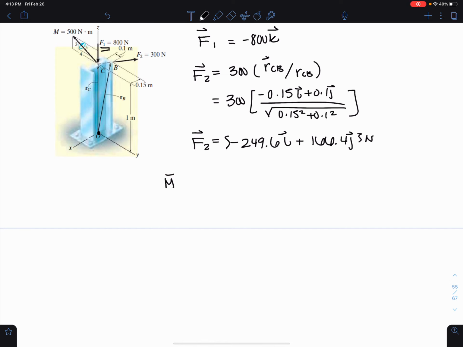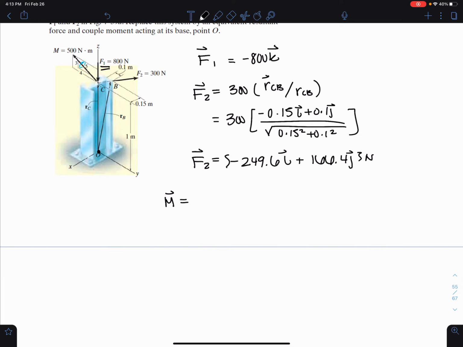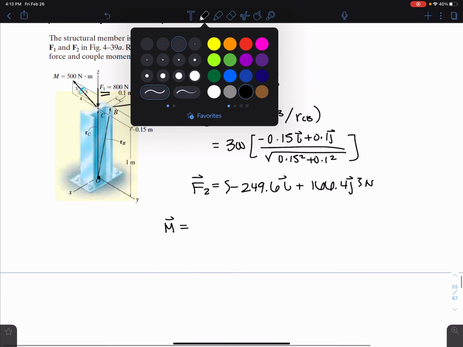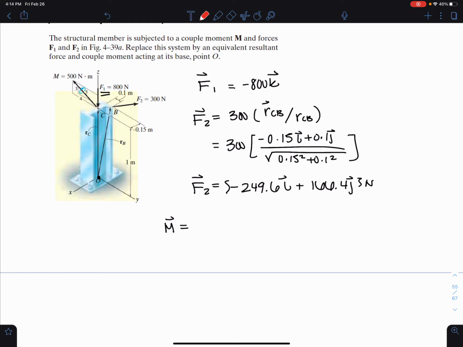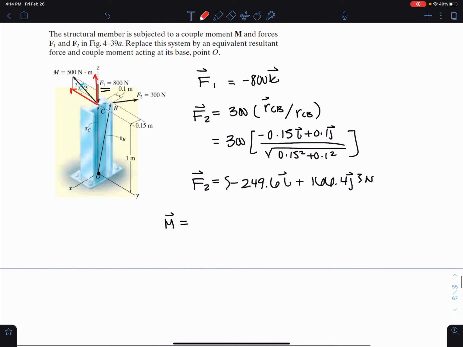Okay. And the moment here is equal to, now I have the 500. So here, I have different components of that 500 and they act in different directions. So I'm going to take the 500 newton meters and split it up into components and rotational components there. So here, the j direction, I should maybe put this in a different color, put it in pink.